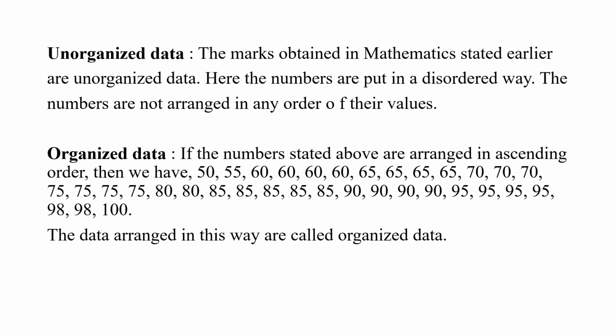It can be arranged in descending order. So, the data arranged in this way are called organized data. Here, we can easily find the lowest number and the highest number.